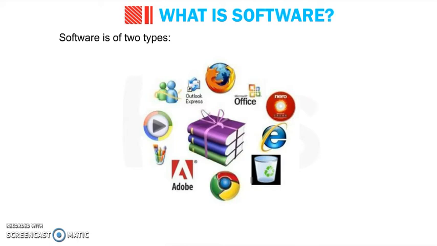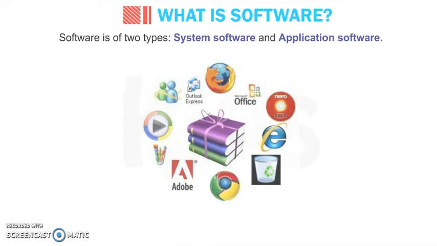The two basic parts of a computer system are hardware and software. Now we are discussing the two parts of software. Software is of two types: system software and application software.